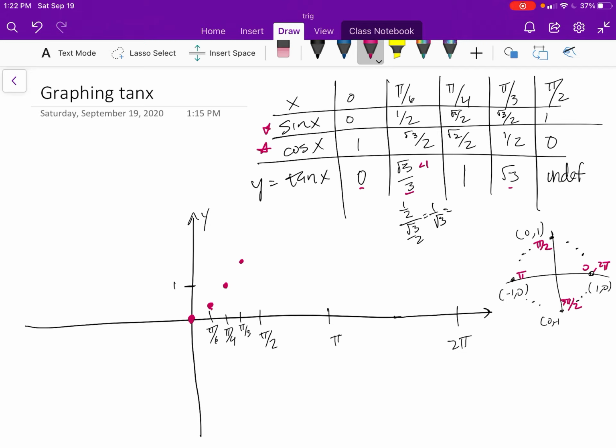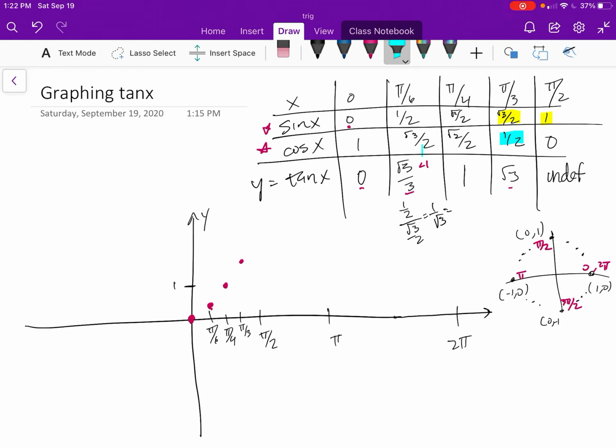If you get a calculator and create a table of values, and you check values really, really close to pi over 2 but not quite, what you will notice is that sine is getting increasingly larger, up to 1, where it stops. Cosine, on the other hand, is getting smaller and approaching 0.